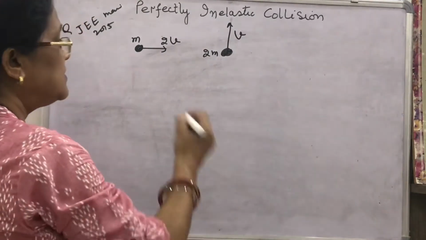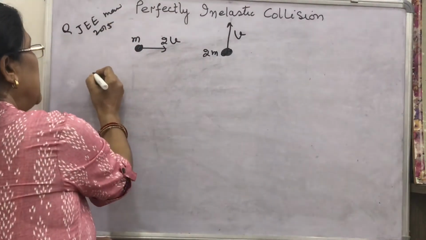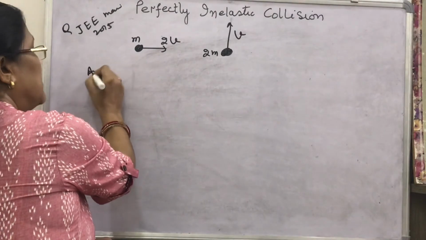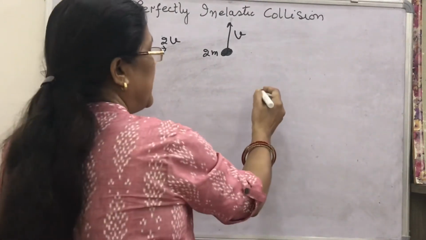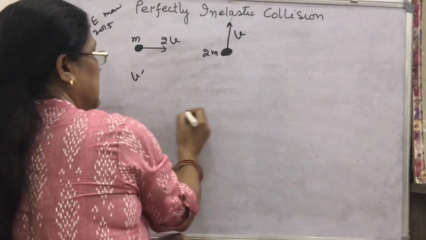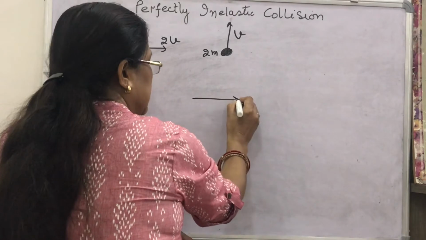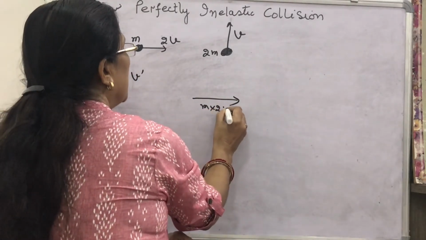Since the collision is inelastic, how will you solve? Look, we have seen that in the inelastic collision both of the balls stick together, they move with the combined velocity. Let that combined velocity be v dash. Then along x-axis, what is the momentum? m into 2v.